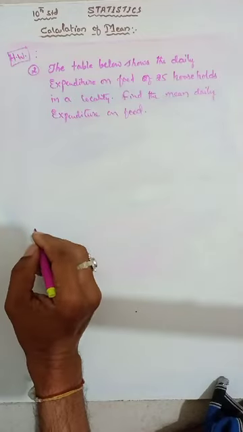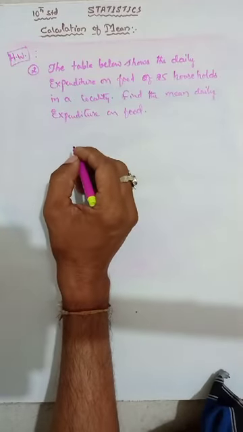Dear students, using the reference of that problem, as I told you, you have to do this as homework. Take one problem: the table below shows the daily expenditure on food of 25 households in a locality. Find the mean daily expenditure on food.